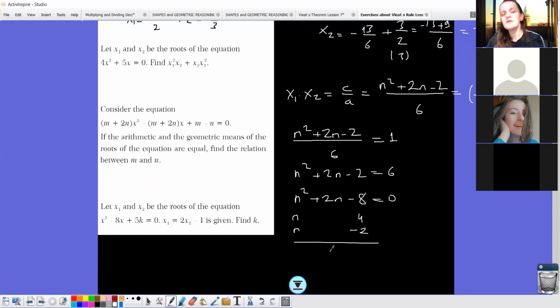The smaller one will be negative to get the positive result. When I cross multiply, 4n minus 2n gives 2n. Then n plus 4 times n minus 2 is 0. Then n1 will be minus 4, n2 will be 2. Okay?